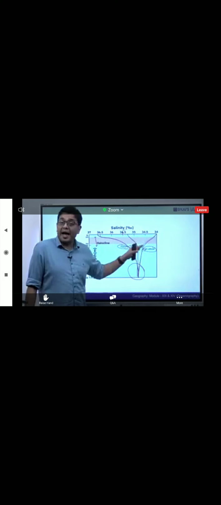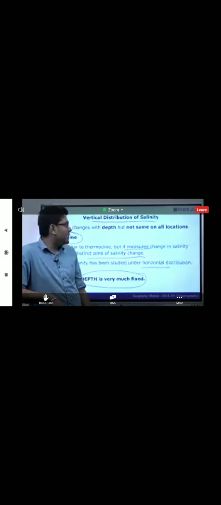Around the poles, at higher latitude, the salinity at the surface is low because of the consistent melting activity which is going on. So that is why in higher latitudes you will have considerably lower salinity. If you look at this figure, you will find that in the polar region, in the higher latitude, there is precipitation, even though it is less, but evaporation is almost absent.